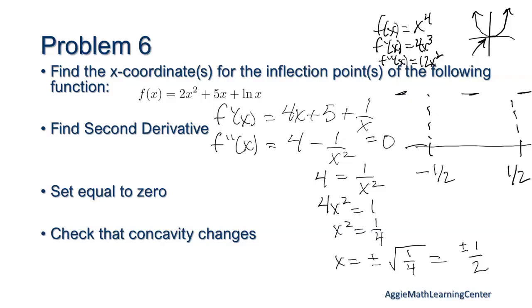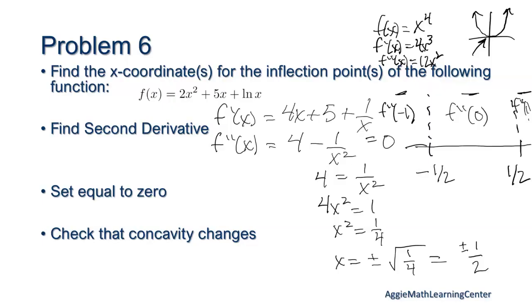There's a few different ways you could do this. You could plug in -1, or you could plug in -1 billion and just see what it's doing. I propose doing 0 in the middle interval, and for the right interval, you could do 1 or 1 billion or whatever you want to do.